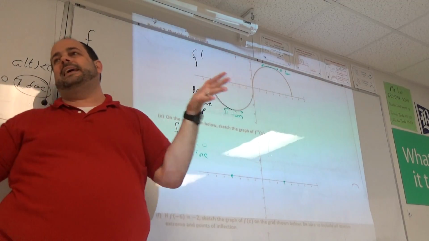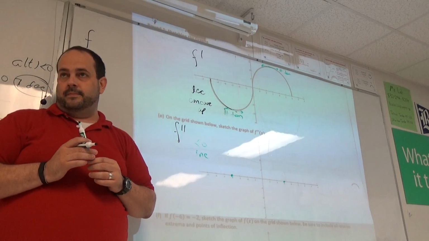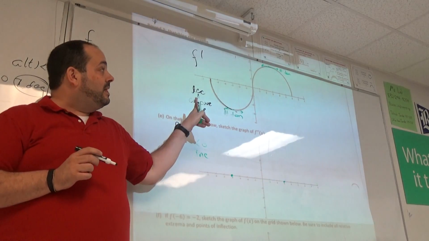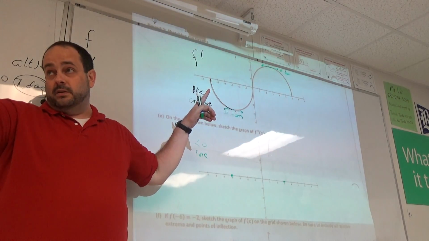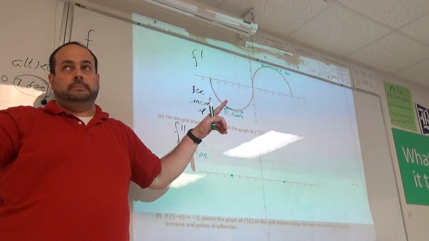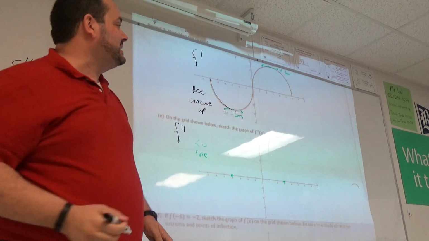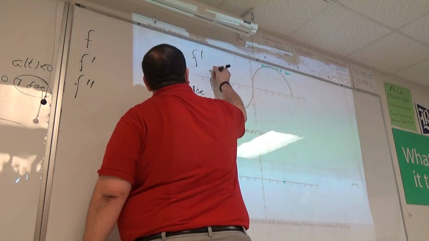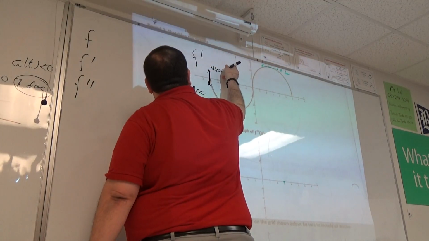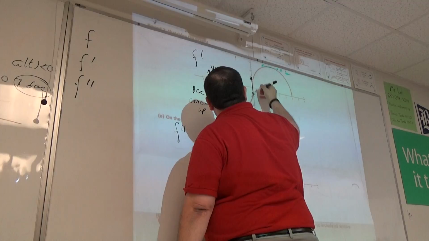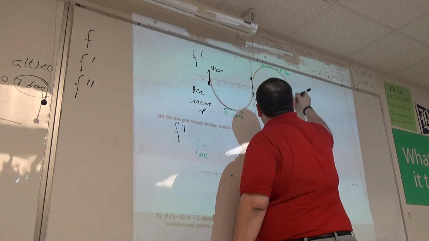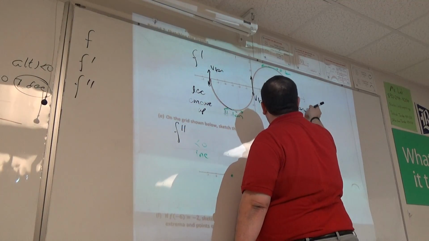There's one more thing I'd hope that you'd tell me. There's no cusp points, but what is there? Vertical tangent lines. I've got vertical tangent lines over here at -6, at 0, and at +6.